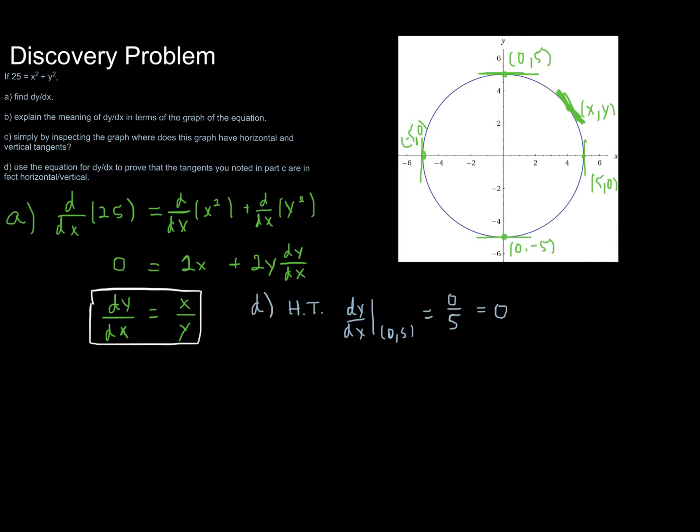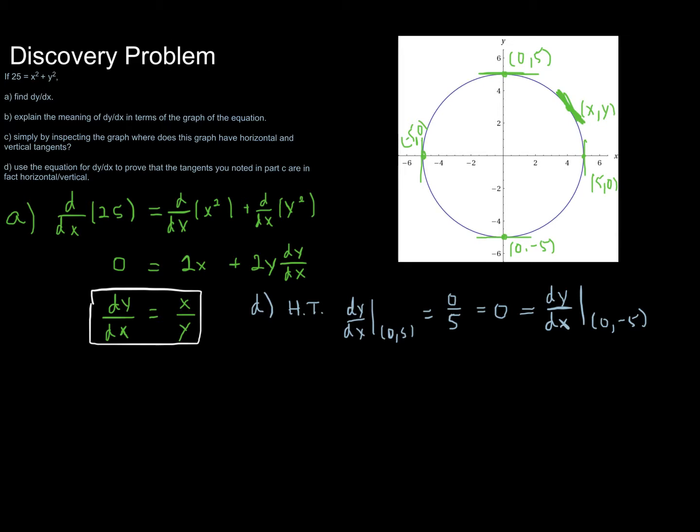So here, the slope at this point, 0, 5, is in fact 0, which means I'll have a horizontal tangent. And I could do the same thing at this point, 0, -5. And notice that if I do that, I'll get 0 divided by -5, which is again 0. And so this 0 is also the value of my derivative evaluated at 0, -5.